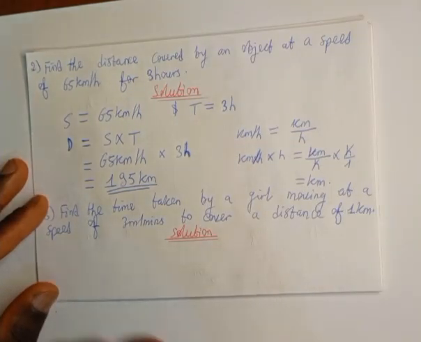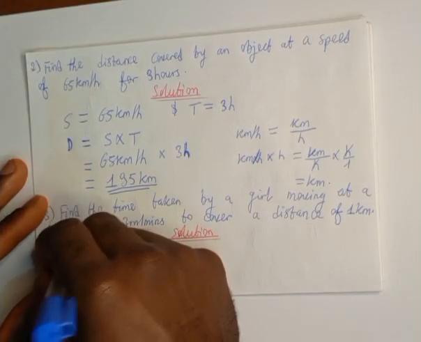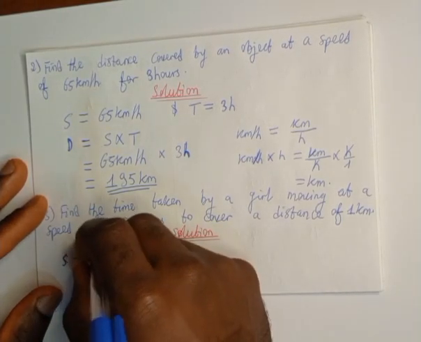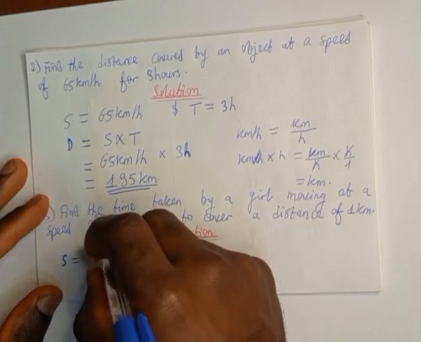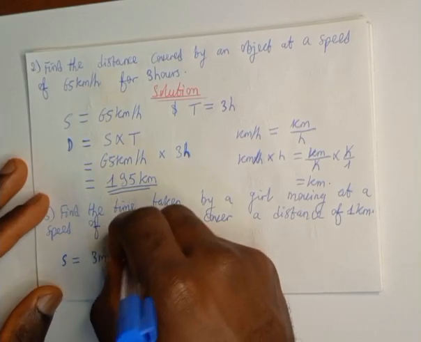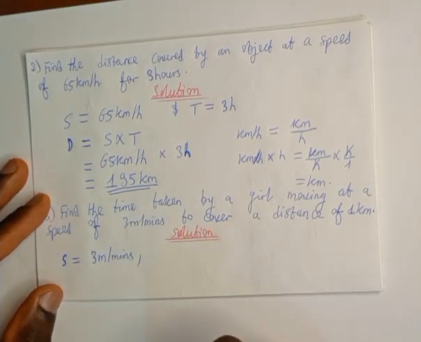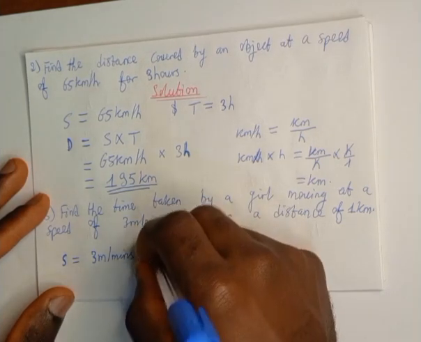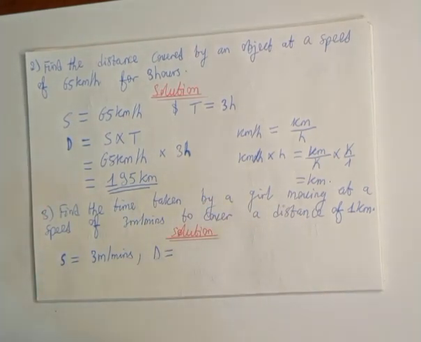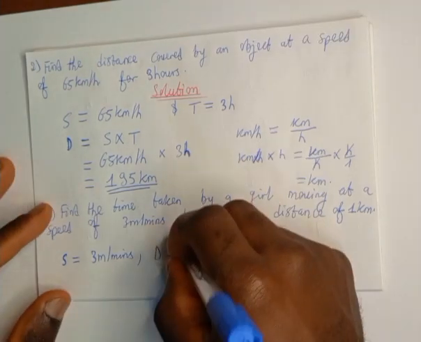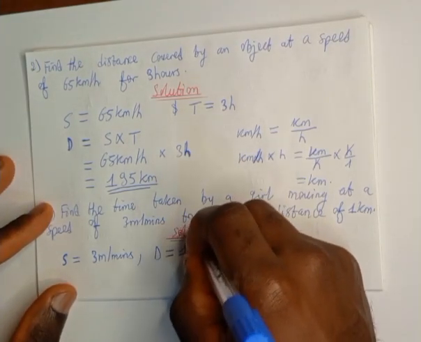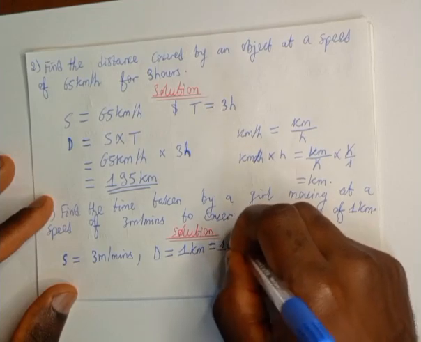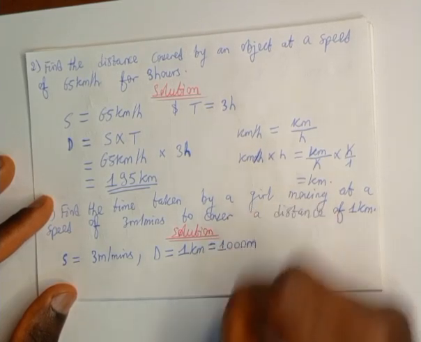The speed of the girl, S, has been given as 3 meters per minute. The distance to be covered by the girl, D, is equal to 1 kilometer, which is equal to 1000 meters.